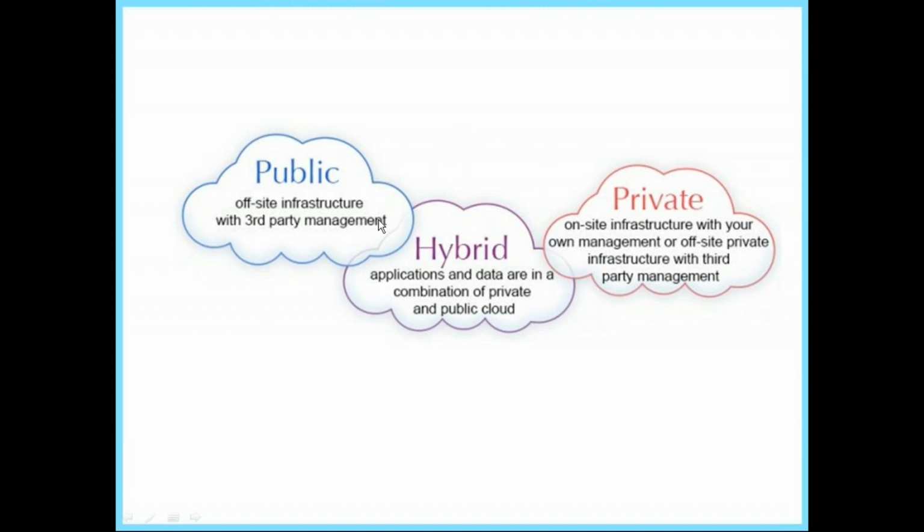And with third-party management, here third-party means Oracle will take care of it. So no server infrastructure we have to maintain, and you need not manage the application. Everything will be managed by Oracle in case of public.